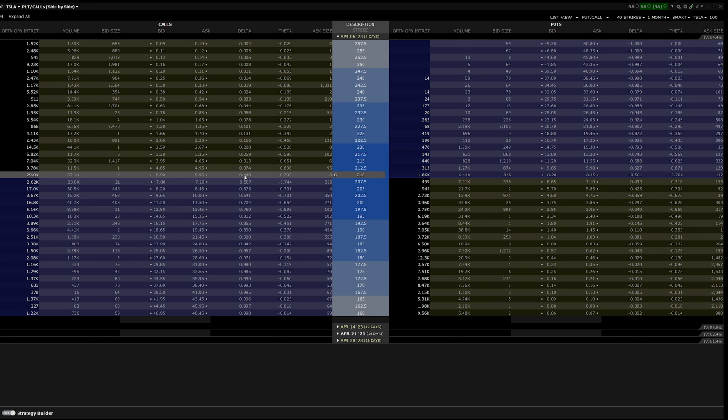This would mean that if the Tesla stock moves up $1, this contract that you buy, and this is the bid, this is the ask, should move up 44 cents, right? So a $1 move on Tesla, let's say it goes from 205 to 206, will bring the contract price up by 44 cents. Now there's more to that, but you need to understand that because that gives you a general idea of what to expect in terms of movement on your contract.